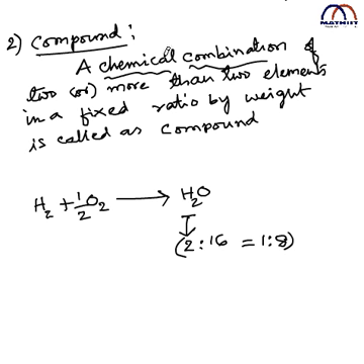Now let us discuss the meaning of chemical combination. Answer this simple question: in H2O, which I am calling a compound, is hydrogen present or not? Yes, the element hydrogen is present in H2O. That is the reason we write the formula H2O. Oxygen is also present there. But does H2O exhibit the properties of hydrogen?